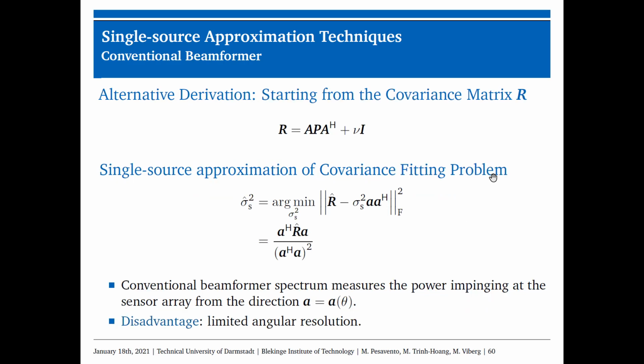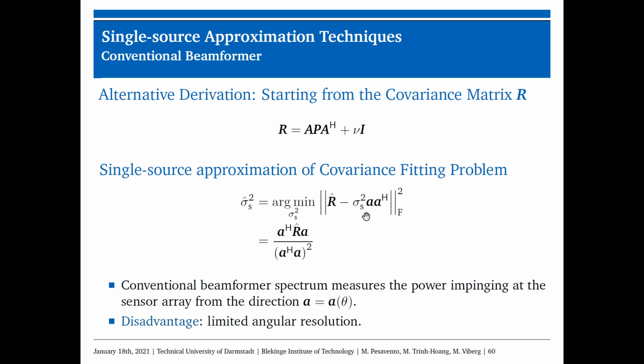From a different perspective, we can interpret the conventional beamformer from the approximation relaxation perspective as follows. Let us remind again the expression of the received covariance matrix R. What would happen if we apply the single source approximation on the model of this covariance matrix? Then we would match the sample covariance matrix R hat with one component given here from the steering vector a in a least square manner.